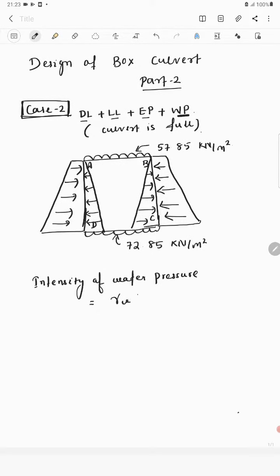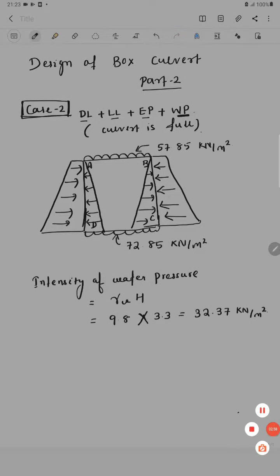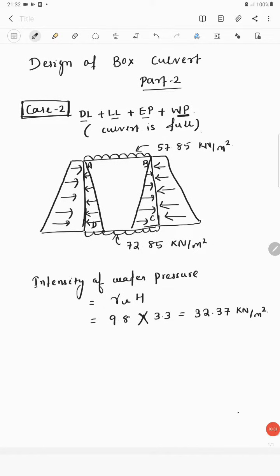That is gamma W into H. Gamma W is unit weight of water, that is 9.8 kilonewton per meter cube, into H, the height of the sidewall, that is 3.3 meter. So we can calculate this: 32.37 kilonewton per meter square. So intensity of water pressure is 32.37 kilonewton per meter square.